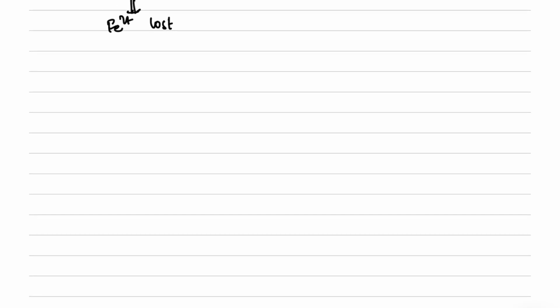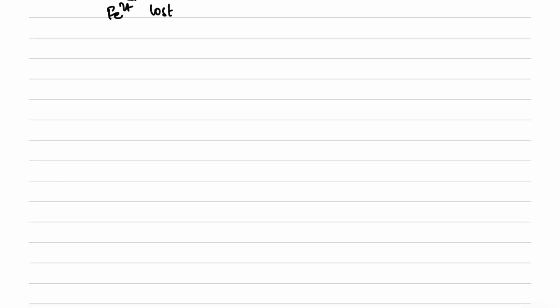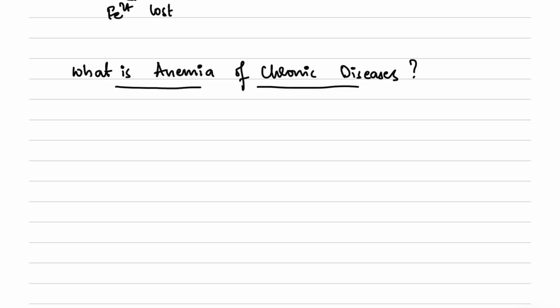Moving on, there is something called anemia of chronic disease. Whenever there is chronic disease, how does it lead to anemia? Let's look at it. We are not going into the details of it. We just discussed how a chronic disease can cause anemia. What happens whenever there is a chronic disease?